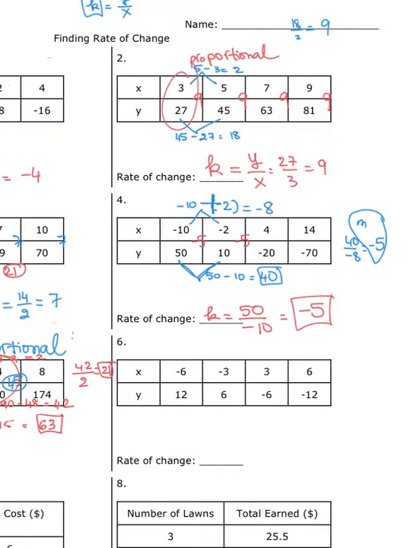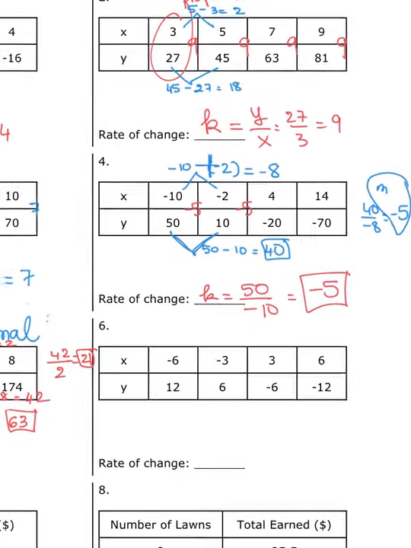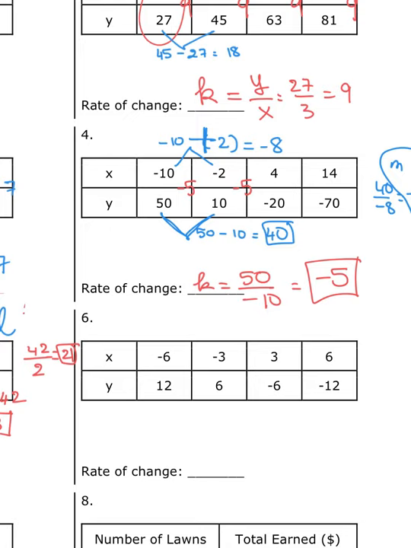Move on to number 6. Okay, we're gonna check the point. If they are proportional, we can do K. It will be faster than change in y over change in x, right? So 12 divided by negative 6, I got negative 2. 6 divided by negative 3, I also got negative 2.